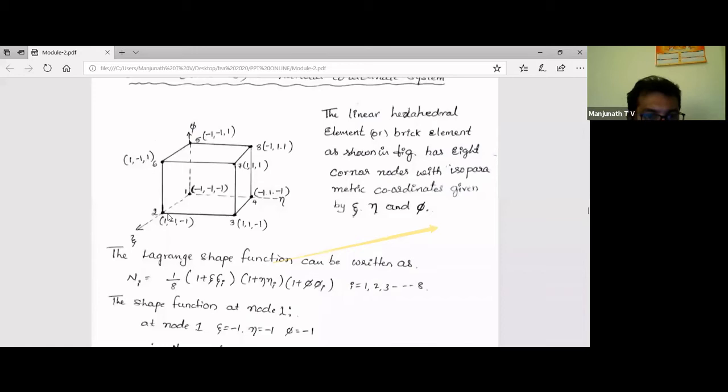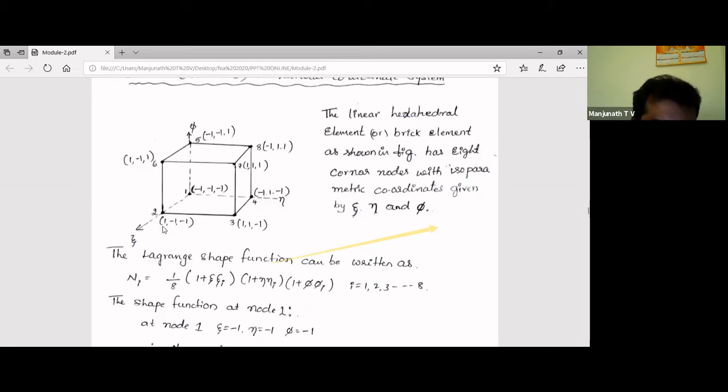The first element here has node number 1 and 2. Now we write the coordinate values. Here it is only in the zeta direction. Consider how the zeta value varies in this direction: it varies from -1 to +1. You can write -1 and +1 here.